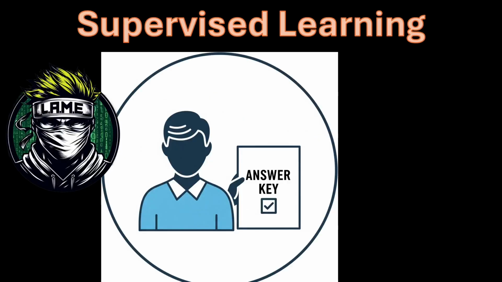First, there's supervised learning. This is like studying for a test with an answer key. You feed the machine thousands of examples that are already labeled. The classic example is email spam filtering. We show the machine 10,000 emails labeled spam, and 10,000 emails labeled not spam.